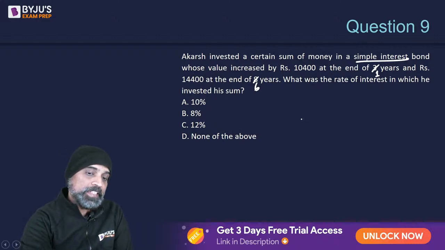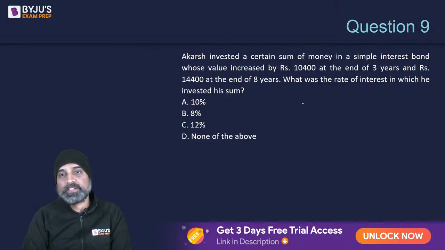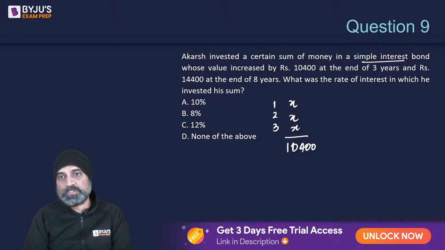Okay, no, we will need that 3. So in the 1st year, 2nd year, 3rd year, we can say that the interest was the same because it's simple interest. And this turns out to be 10,400, right? And for the 8 years, it's going to be first, second, third, fourth, fifth, sixth, seventh, eighth.